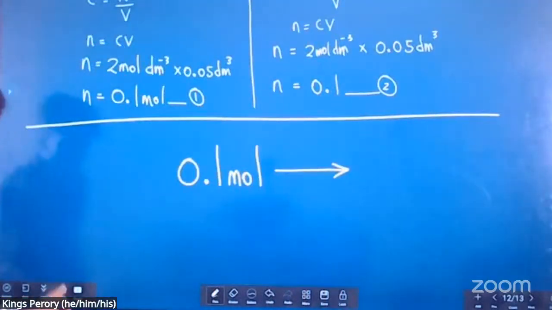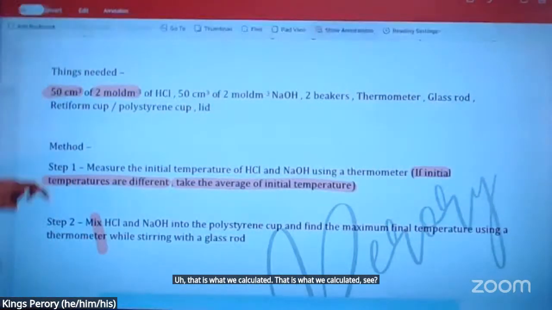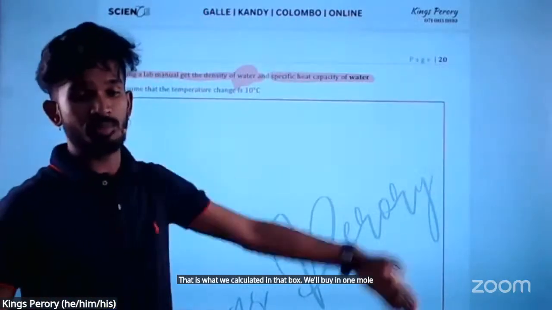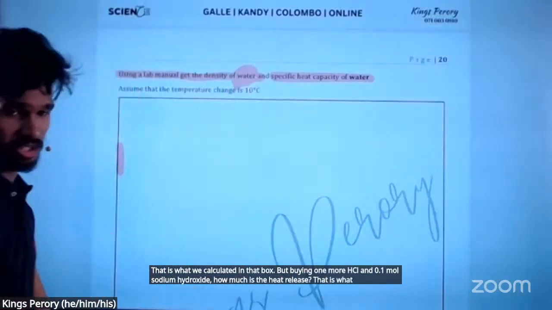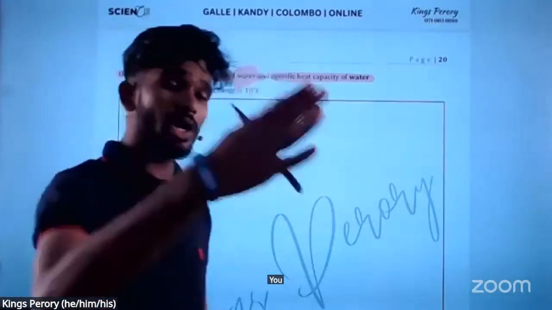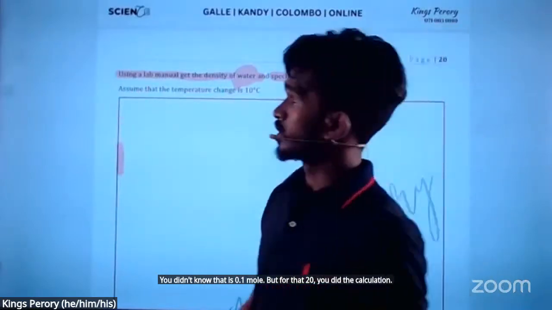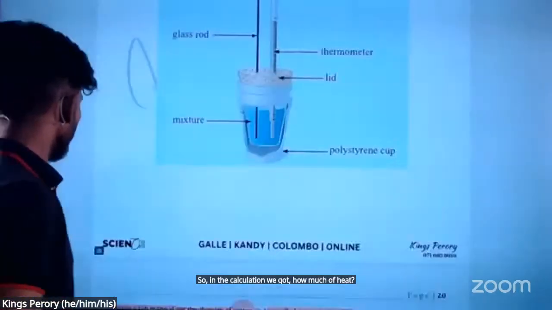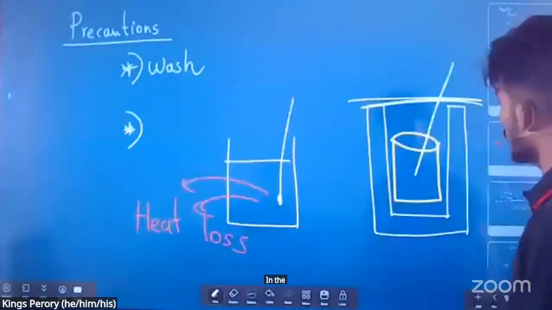That is what we calculated in that box. For 0.1 mole HCl and 0.1 mole sodium hydroxide, how much heat is released? You didn't know that it was 0.1 mole, but for that only you did the calculation.